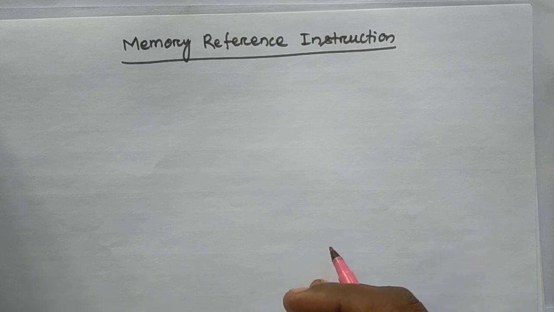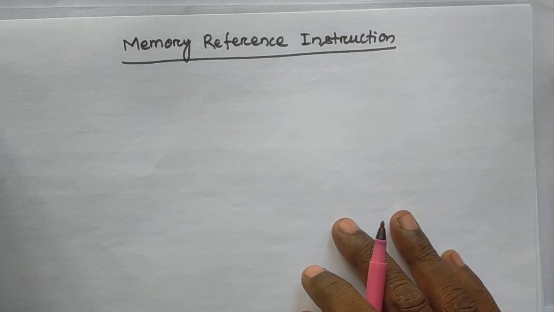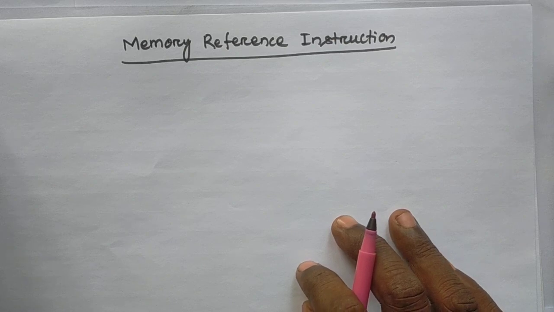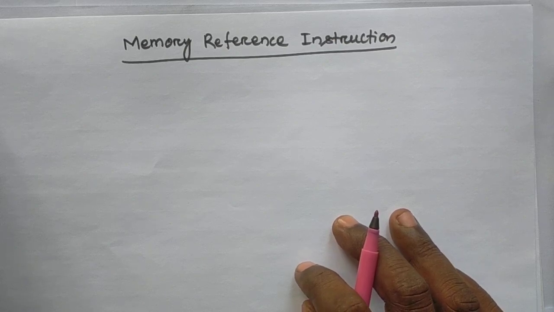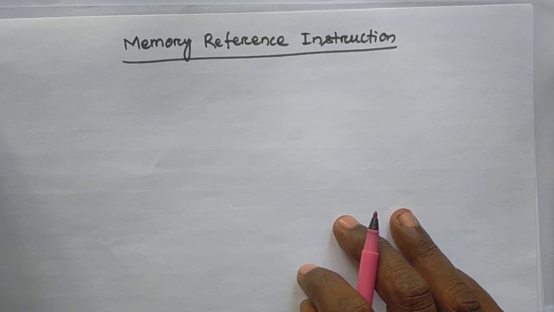Before that, I will tell you some concepts behind memory reference. In order to specify the micro operations needed for the execution of each instruction, it is necessary that the function they are intended to perform be defined precisely.